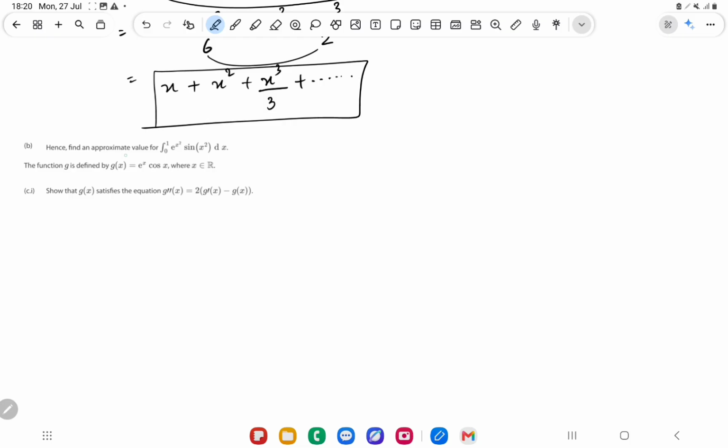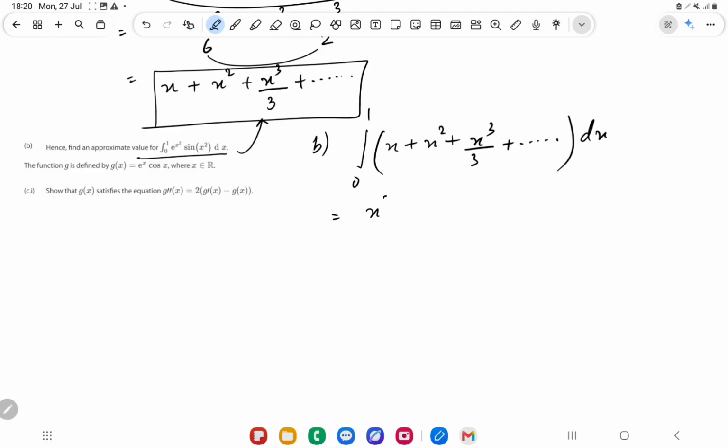Now in the next part, I have to find the approximated value of this. As we just found out the answer as this, I will be using this answer only. So I can integrate from 0 to 1 and substitute the value which I got from part A, and now it's easy for me to integrate this.